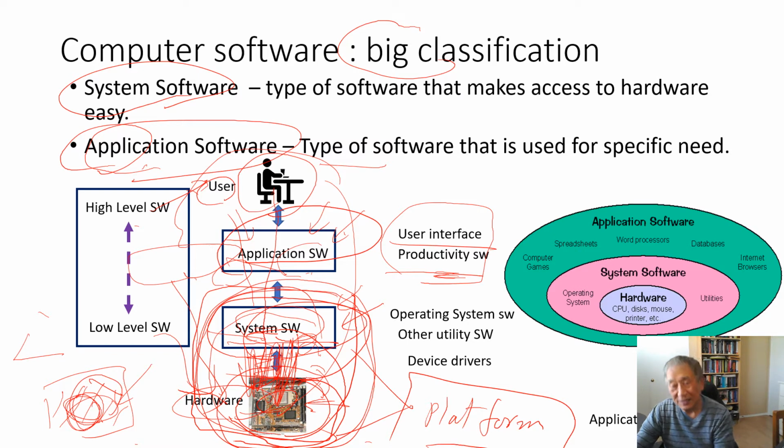So anyway, on top level, there's user interface and some productivity software, like specific software for designing or graphics. And then we have a whole bunch of those, then database or internet browser included, and then the system software and then hardware. That's the kind of relationship that exists in terms of a software picture.